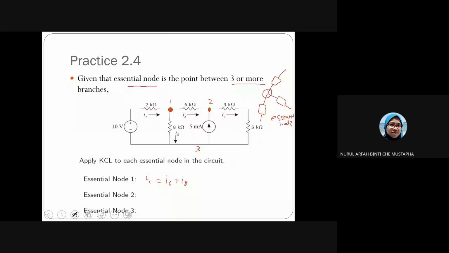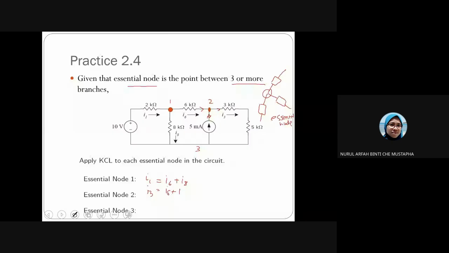Current in. Going in. Identify which. I6 is going in. Yes. Then I3 is leaving from here. Current in is I6 now.